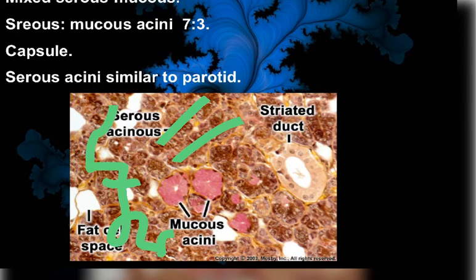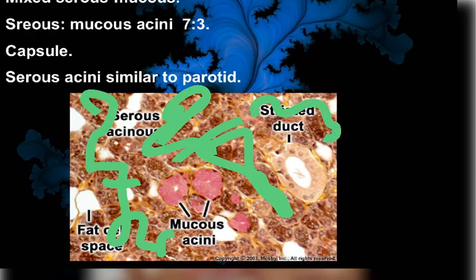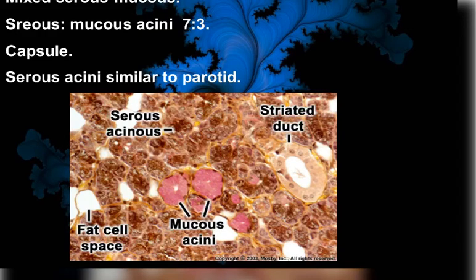You see the majority taking the brown stain, and the minority is taking the pink stain. We have fat cells, clear. Regardless of the stain, fat cells always appear clear.